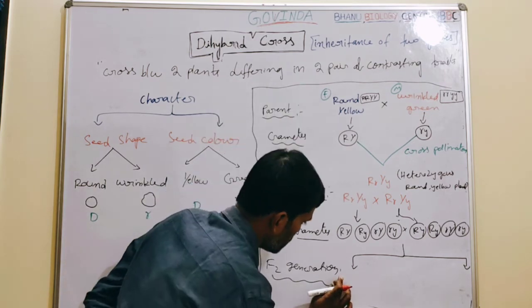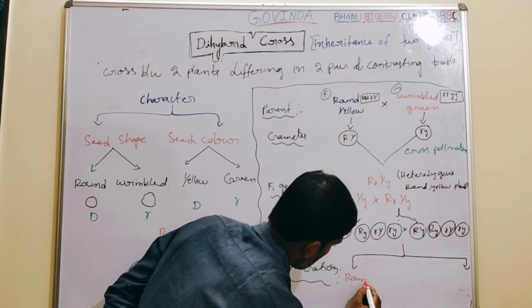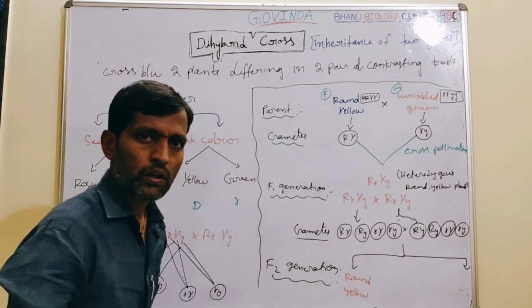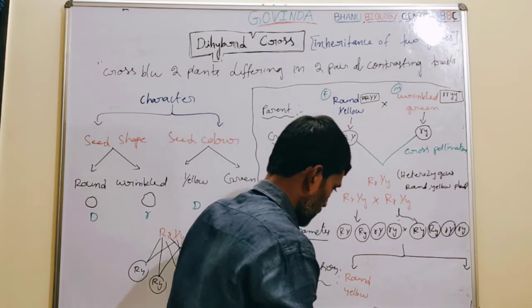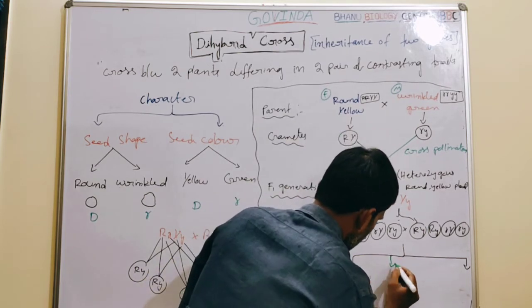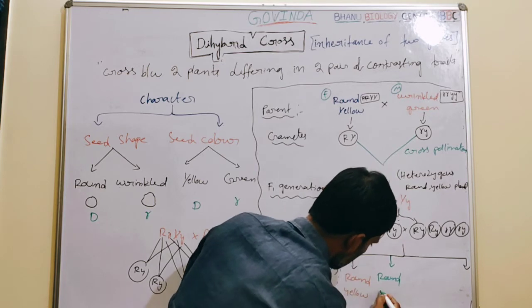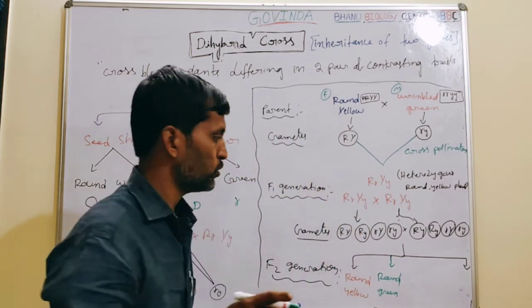The first one is round shaped yellow color seeds producing plants. Secondly, round shaped green colored seeds producing plants.